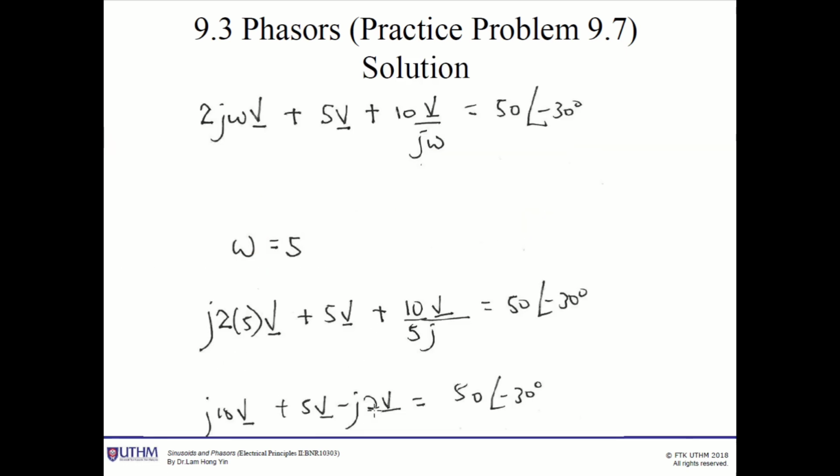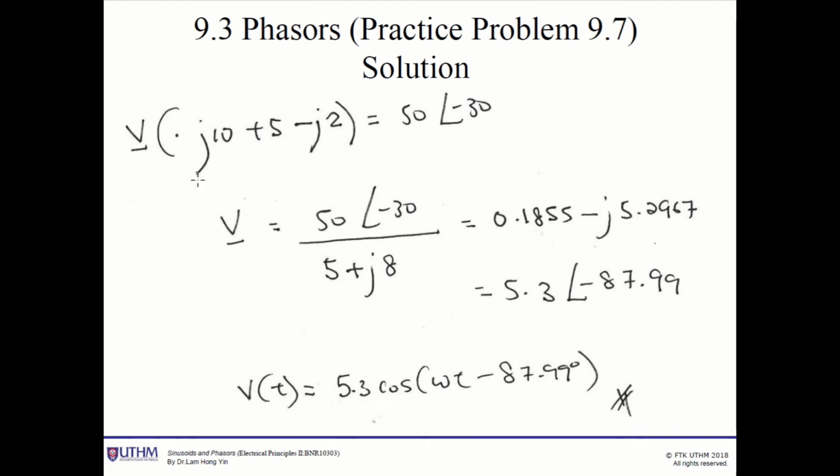After inserting all of this into the equation, the only thing that you need to find is V. You can take V out from the left side of the equation and get the value of V in phasor form.